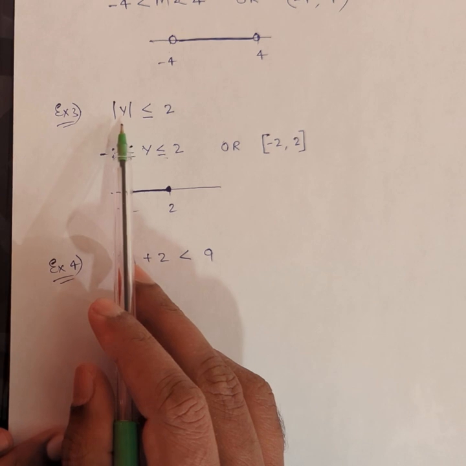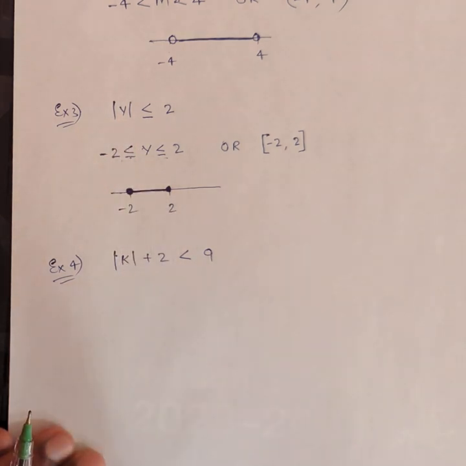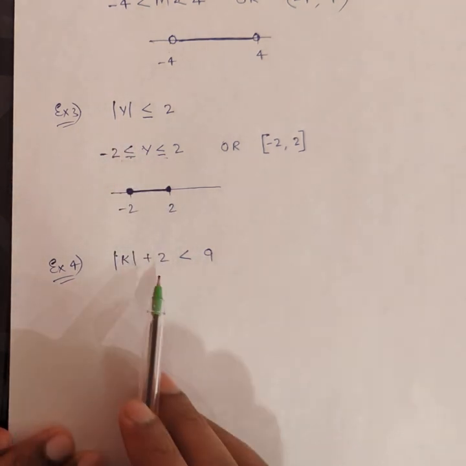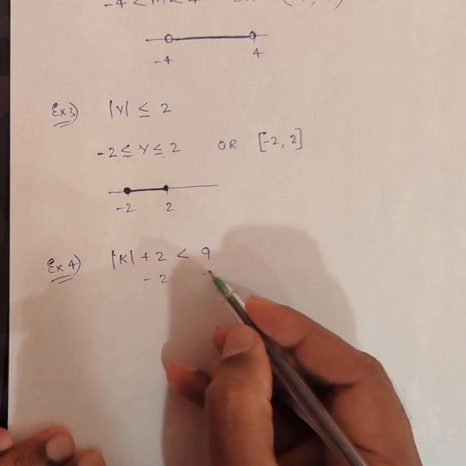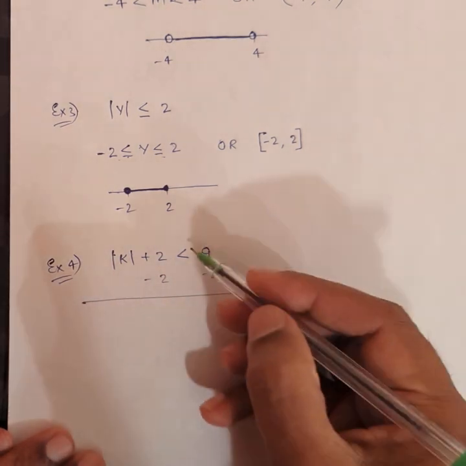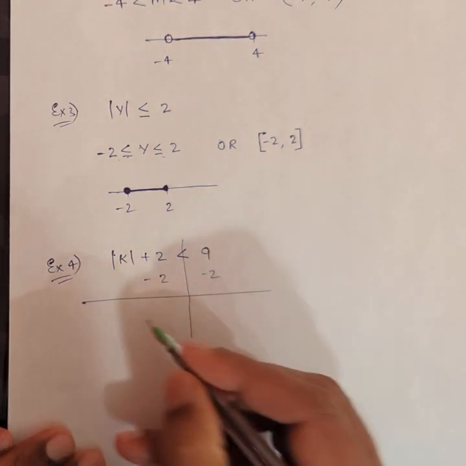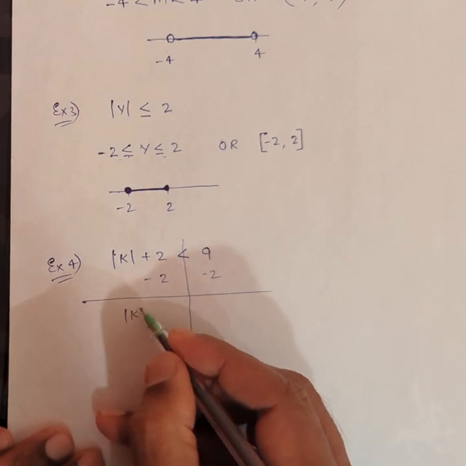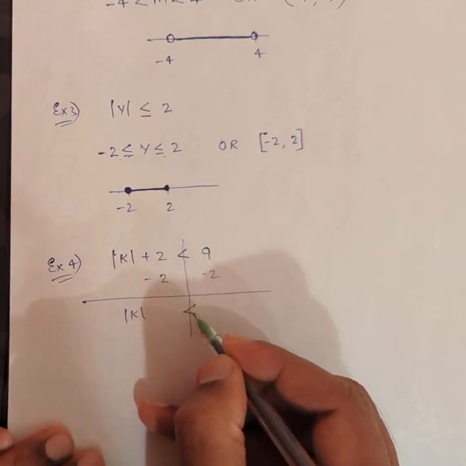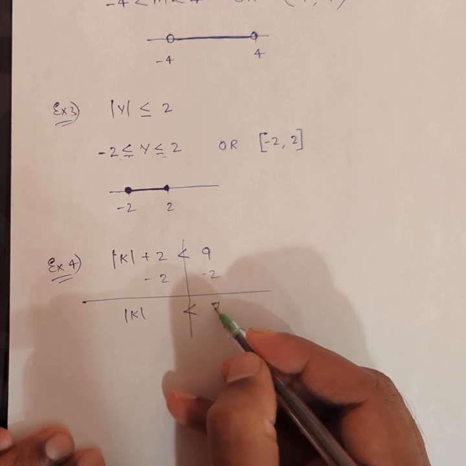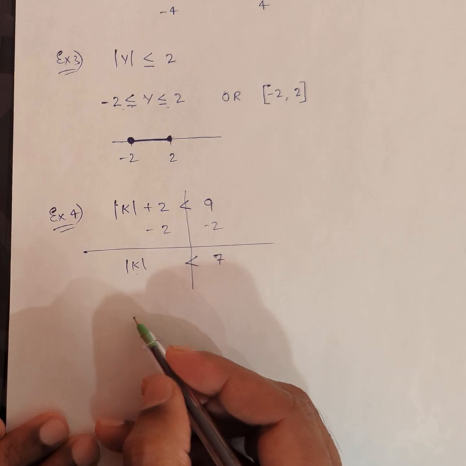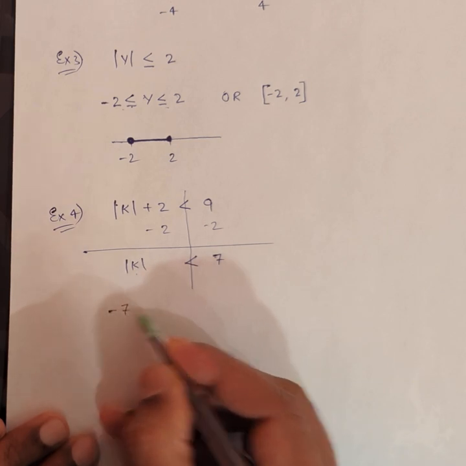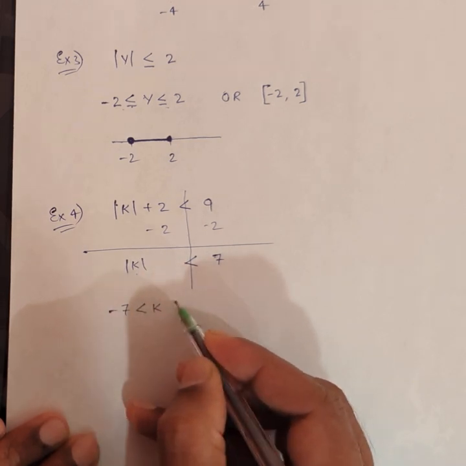In all the previous problems, you just had absolute value of the variable. But if you have something else, then you got to subtract 2 from both sides. You got to get rid of that. And now you have absolute value of k less than 7. So at this point, we can put k between negative 7 and positive 7.